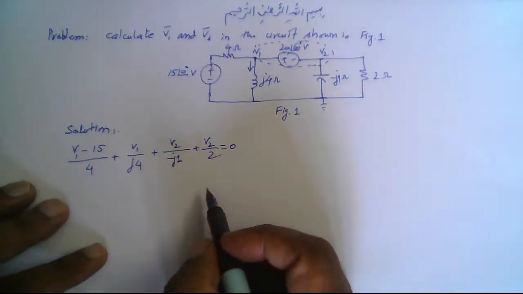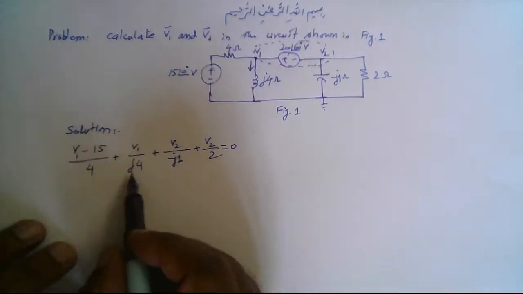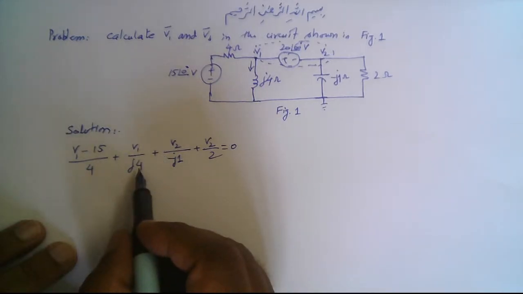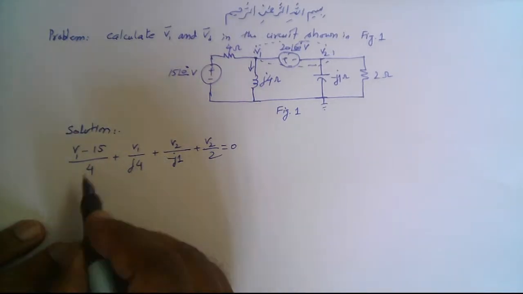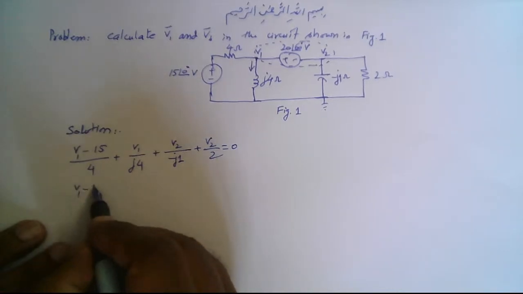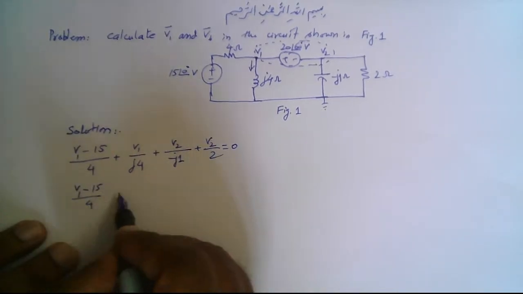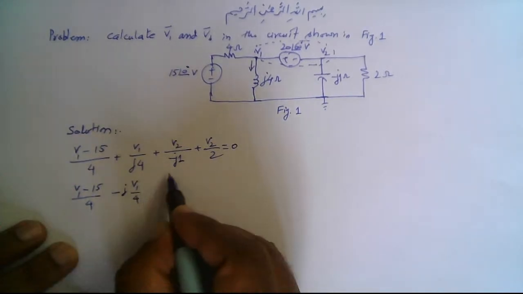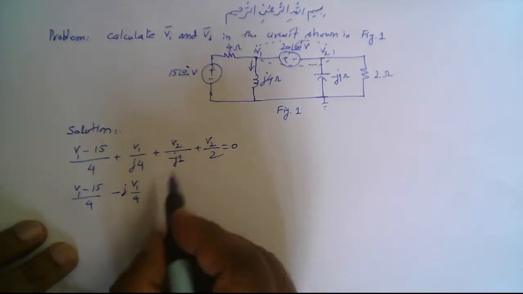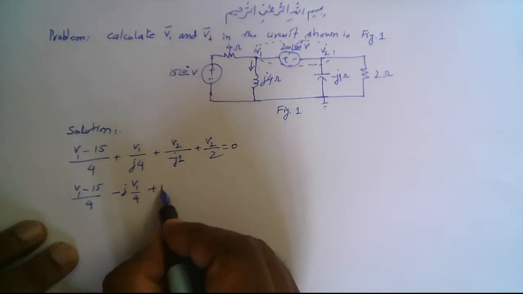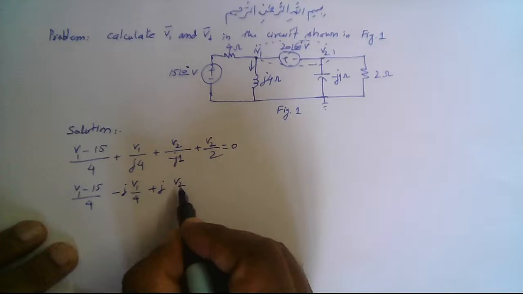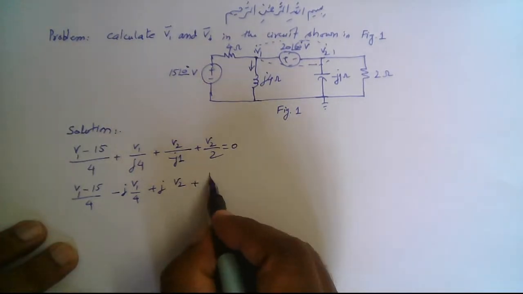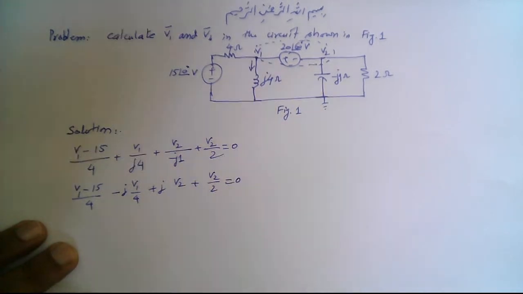First step we will do is we will take this imaginary part in the denominator to the numerator. So 1 over j is equal to minus j. You already know this. So (V1 minus 15) over 4, minus j V1 over 4, and then this is minus j, so it goes up, it becomes plus j V2 over 1, and then V2 over 2, and that is equal to 0.